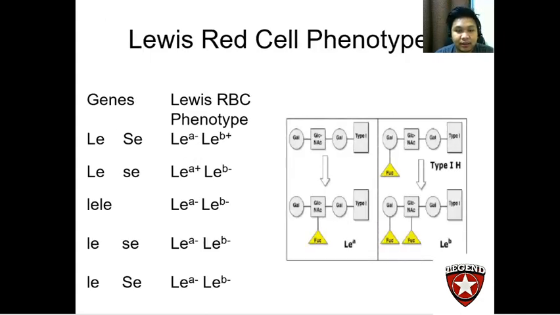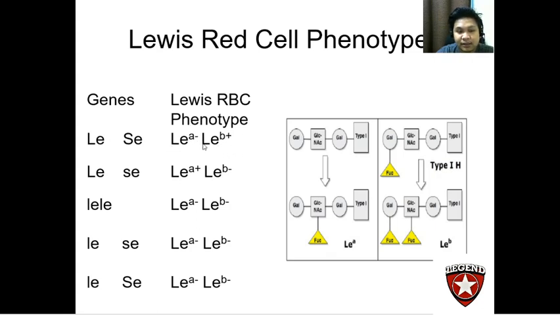So this table summarizes the various combinations of your Lewis genes and your secretor gene. As you can see, if you have the capital Le gene as well as the capital Se gene, your phenotype would be Le(a) negative and Le(b) positive.